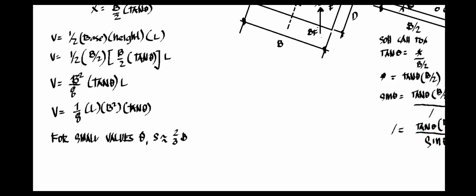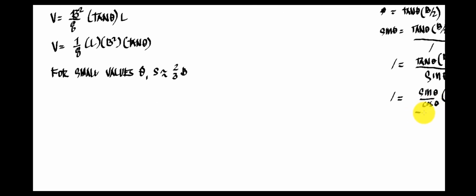And if you're going to expand this one, we have your tangent of theta. Usually tangent of theta is equal to sine of theta divided by the cosine of theta. Then this is times your B over 2, divided by the sine of theta.